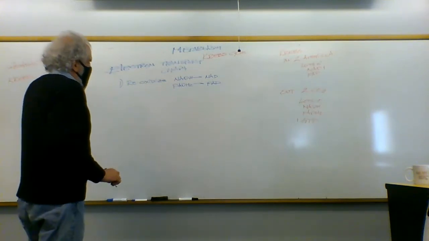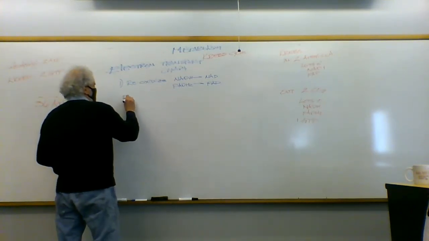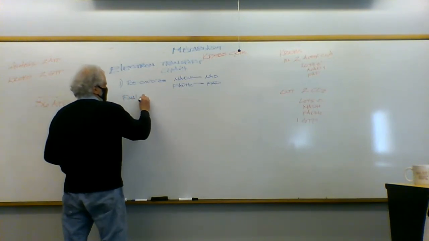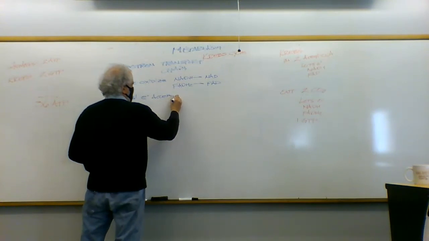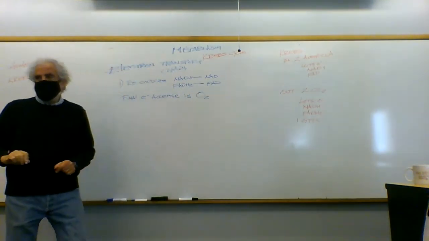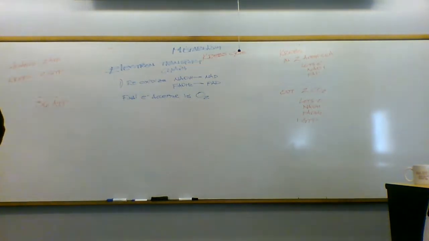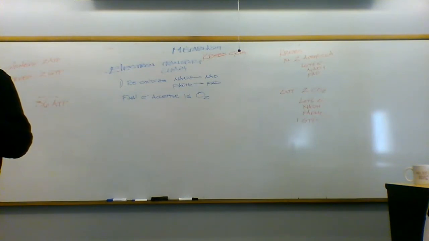Now, one of the key points here is this: the final electron acceptor is oxygen. That's why you need oxygen, and in fact, that is the only reason you need to breathe.